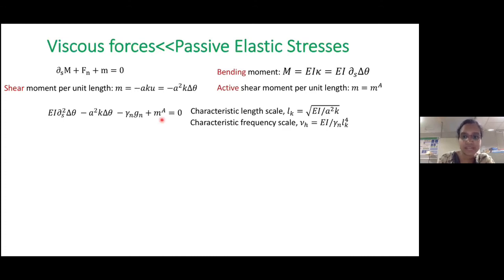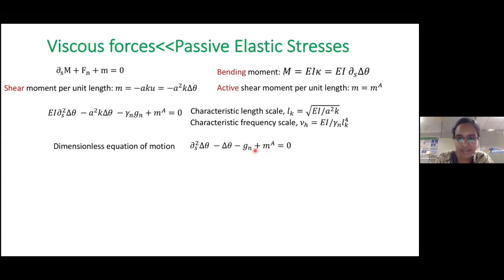So there are some characteristic length scales and frequency scales with which I'm going to non-dimensionalize this equation for a robust comparison. And now what I'm going to do is compute all these terms other than the active moment from the experimental data and look at how they compare with each other.